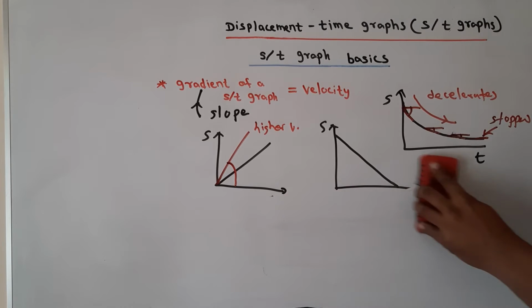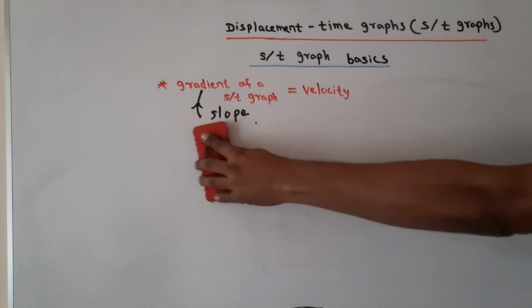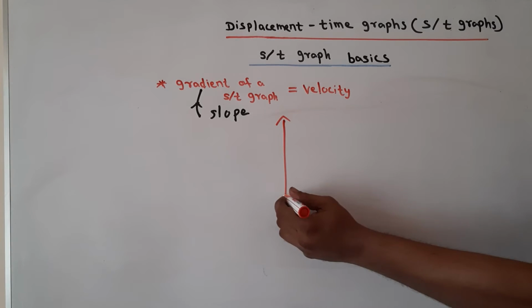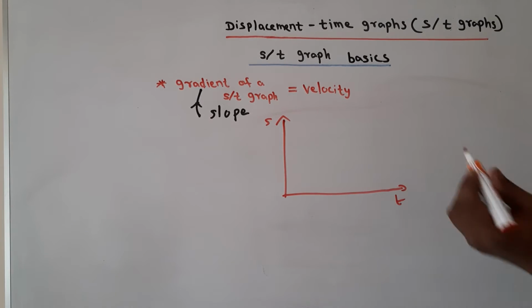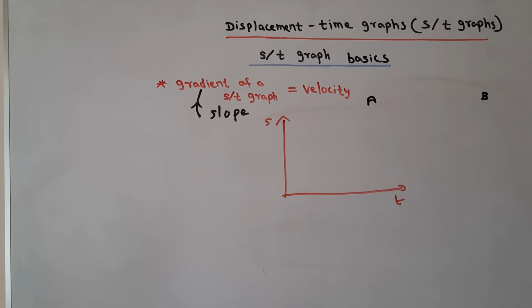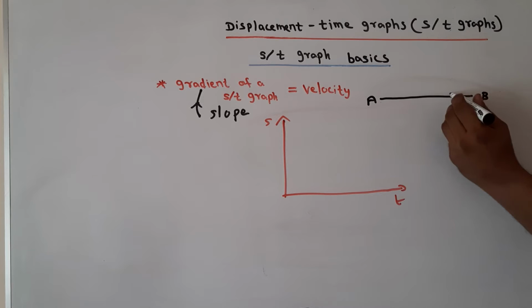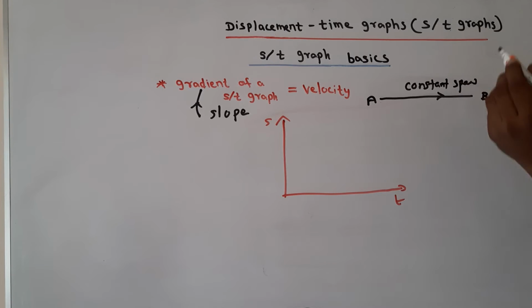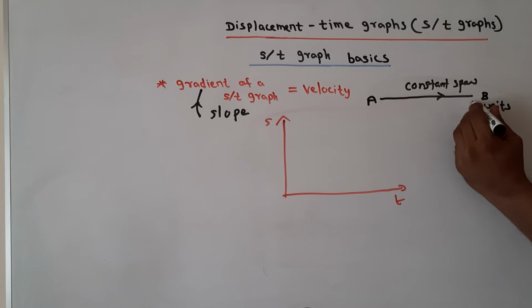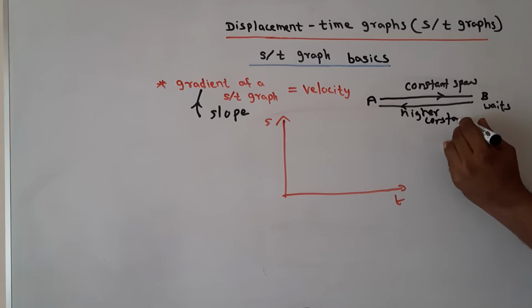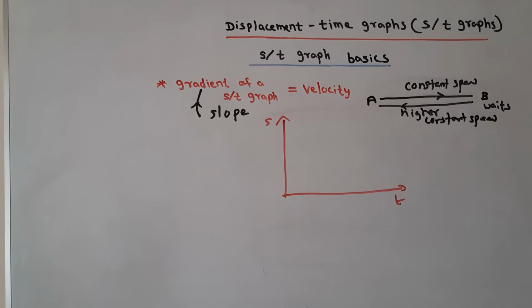Let's consider an example. Now you imagine these two positions, A and B. If you run from A to B at a constant speed, and you wait at B for a few seconds and return back towards A at a higher constant speed, how to represent this in the ST graph?